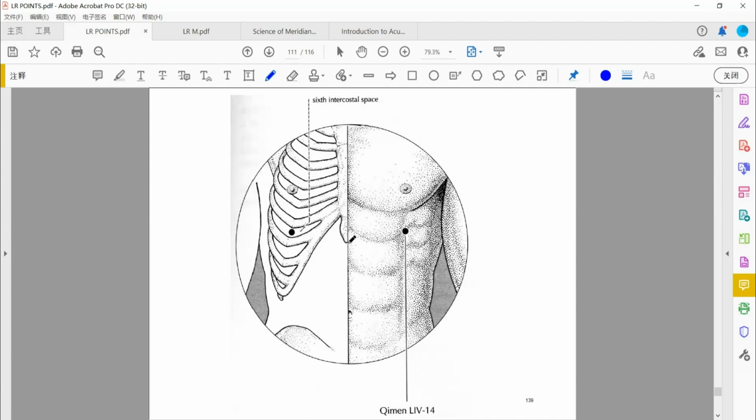The navel is at the 4th intercostal space level, then the 5th and 6th. So the 6th intercostal space, on the mammillary line.